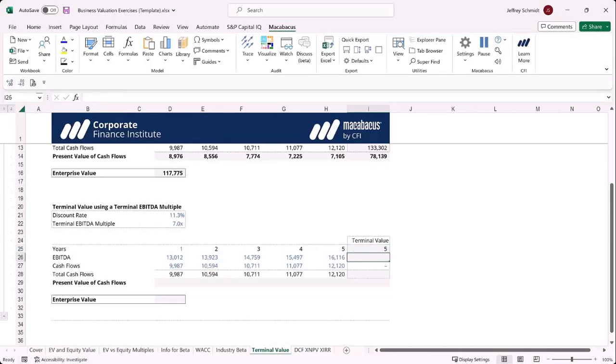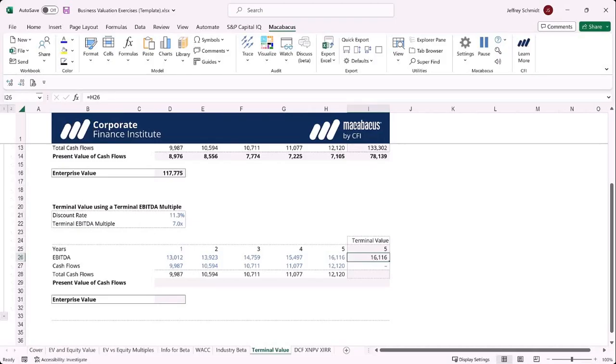Okay, and then we have EBITDA. Now, when we use the EBITDA multiple approach, we take the last year's EBITDA as our number in order to determine terminal value under this methodology. The reason being is that we assume that at the end of year 5, the company is going to be acquired for some multiple of EBITDA.